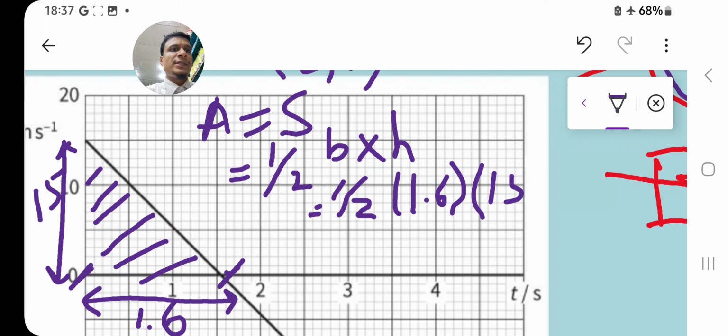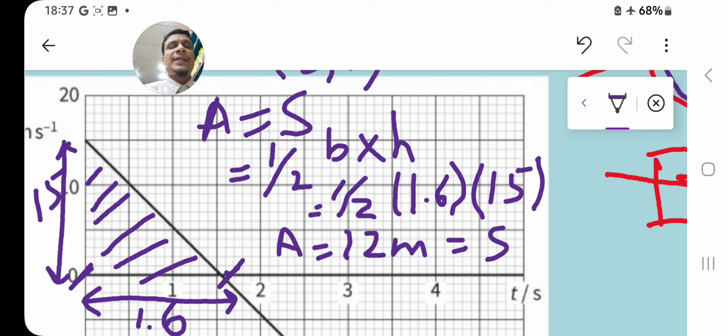When you multiply half times 1.6 times 15, you will get approximately 12 meters. That is, we have shown that the area, that is the distance traveled by the ball from the time of release until it reaches the highest point, is 12 meters.